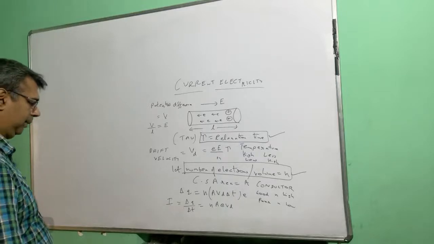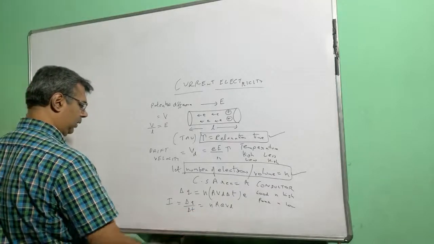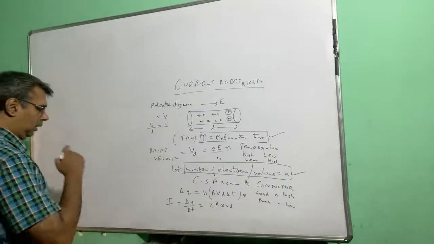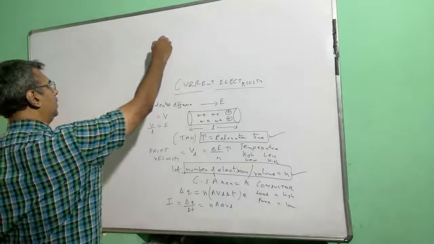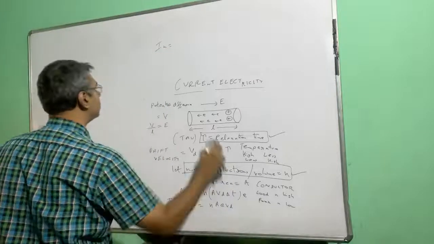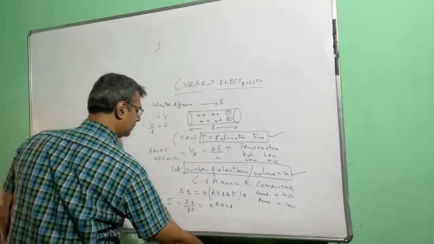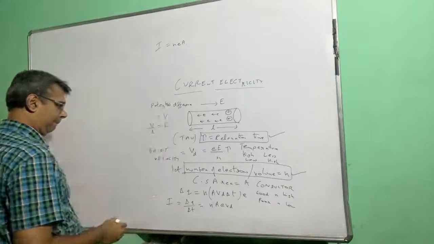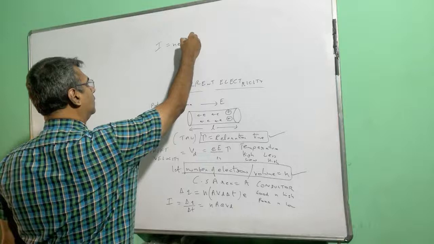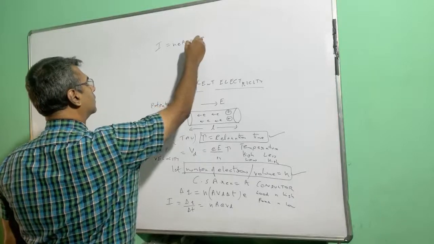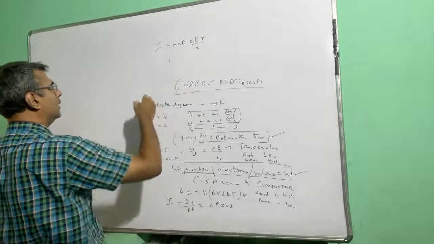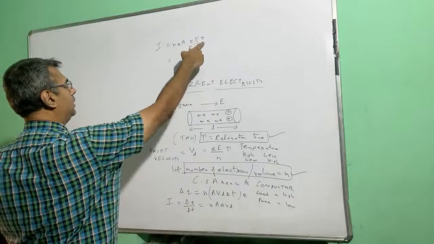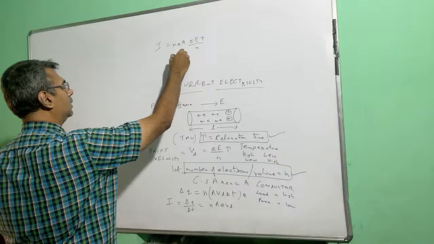Okay, now coming back to current is equal to N into A into e into Vd, coming back to this equation, what we will do is that we will now write N into e into A into e into capital E into relaxation time.